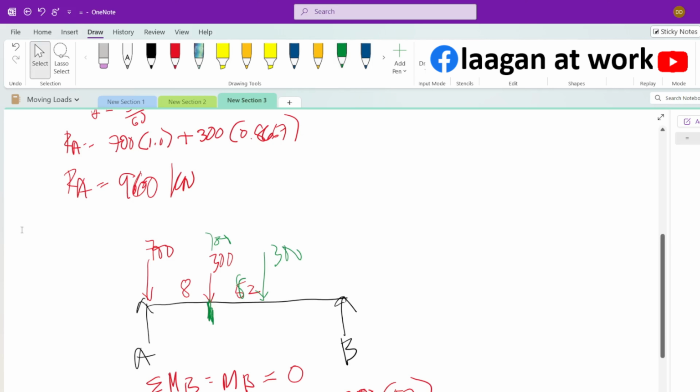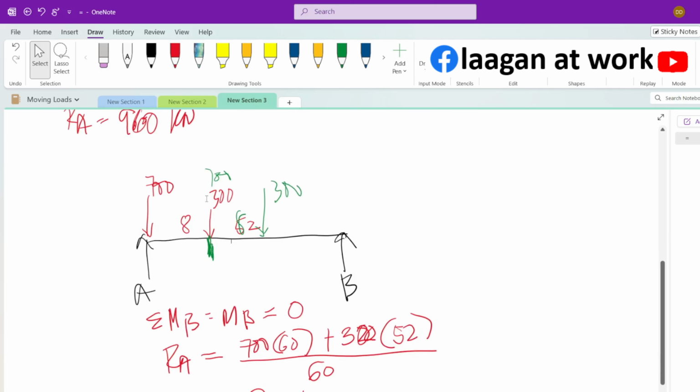That's different. But on this one, the spacing between the axles is only 8 meters, then your span is 60 meters, and there are only two loads. So all you have to do is position the biggest load over one of the supports, which is A. If you want to get the reaction at A, or the maximum shear at A, then just position the 700 over support A, and then the remaining load will follow.